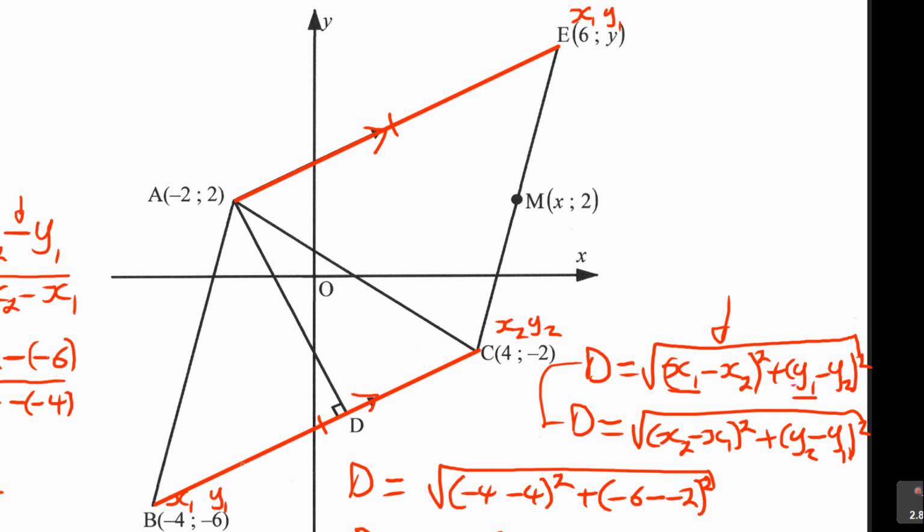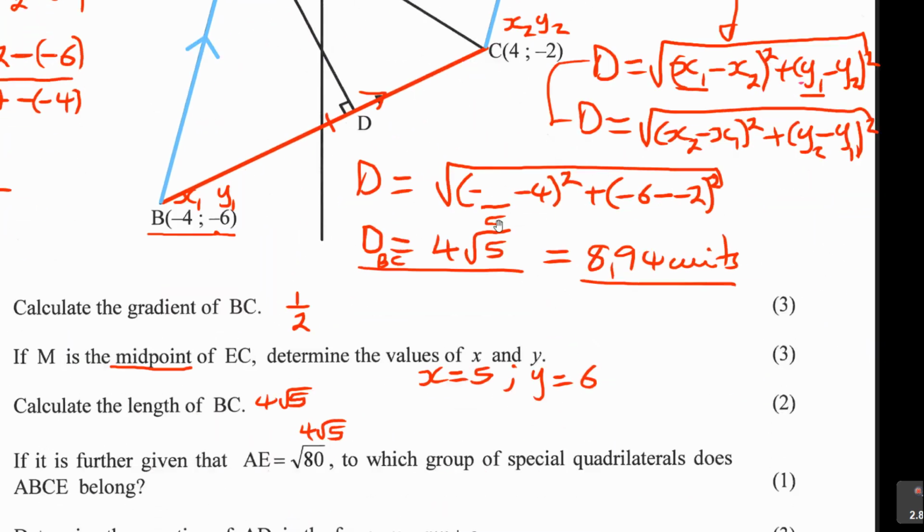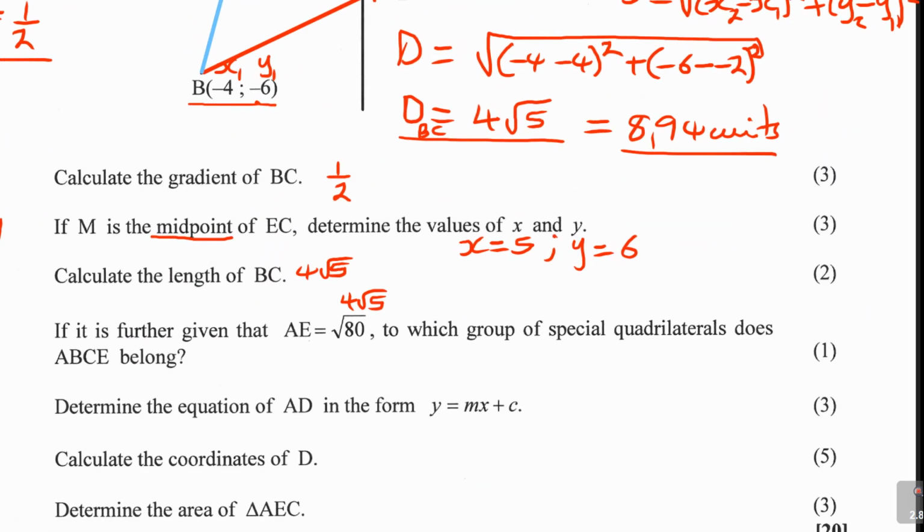So if the two opposite lines are equal and parallel, obviously these other two lines will also be equal. That is AB and EC. They'll be equal as well as parallel. That's one thing that you need to know. And what we call such a shape is a parallelogram, because they're asking which group it belongs to. So this is a parallelogram.